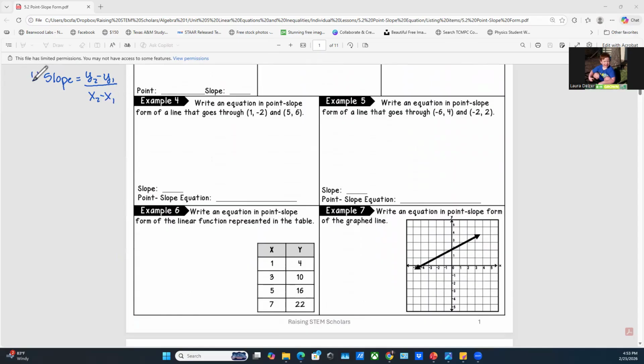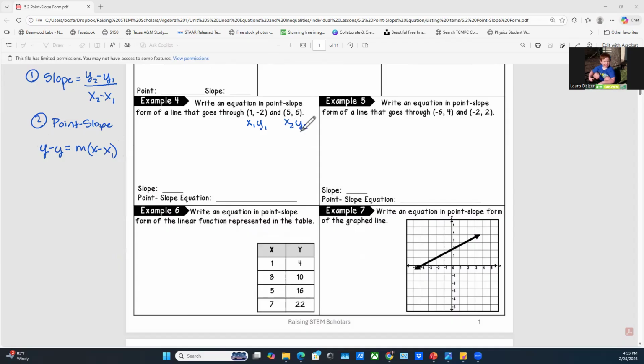Okay, so this is one equation. My second equation is going to be point slope. And point slope is y minus y1 equals m times x minus x1. Okay? So I can label these x1, y1, x2, y2.